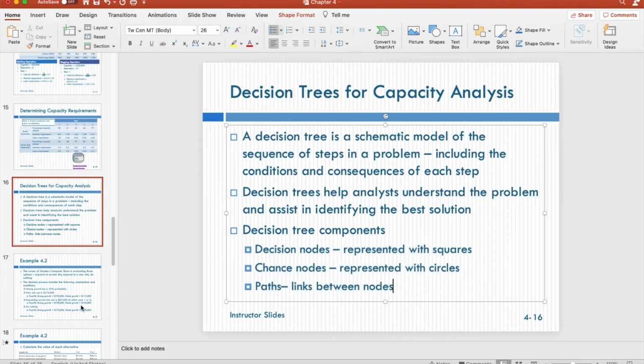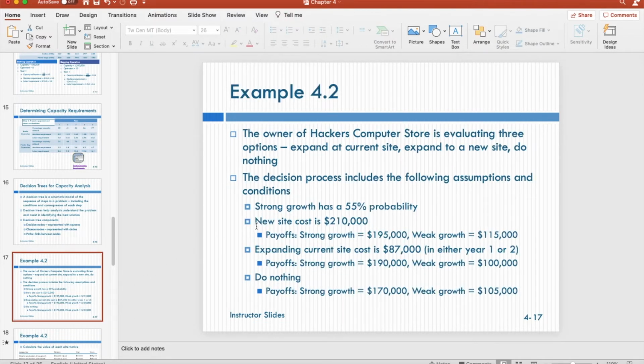Which is quite simple. Let's use a quick example. This is not that simple an example, but I think the structure itself is quite straightforward. So let's use this example and use the decision tree to help us figure out the best solution among all the different alternatives.